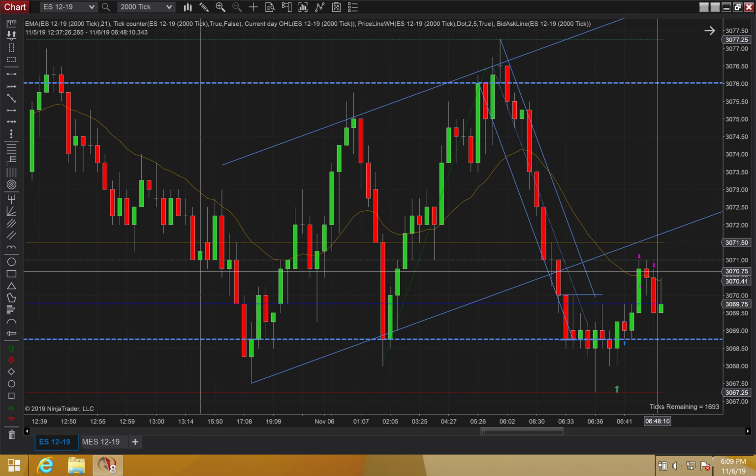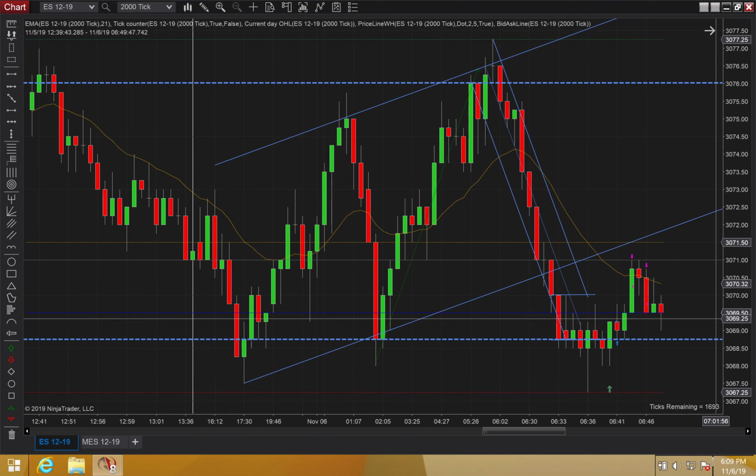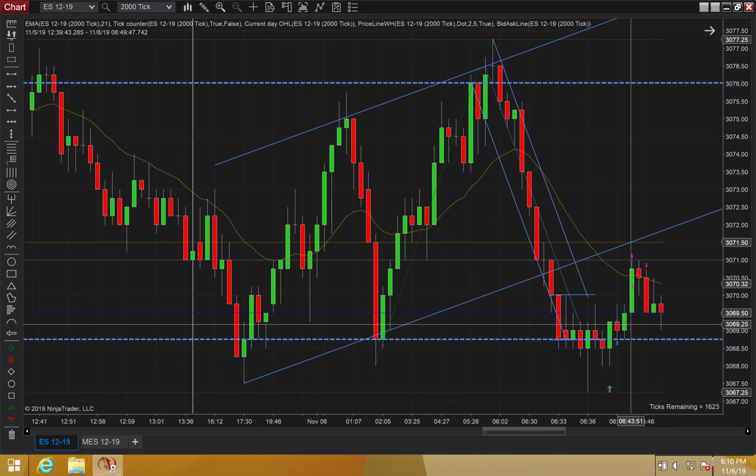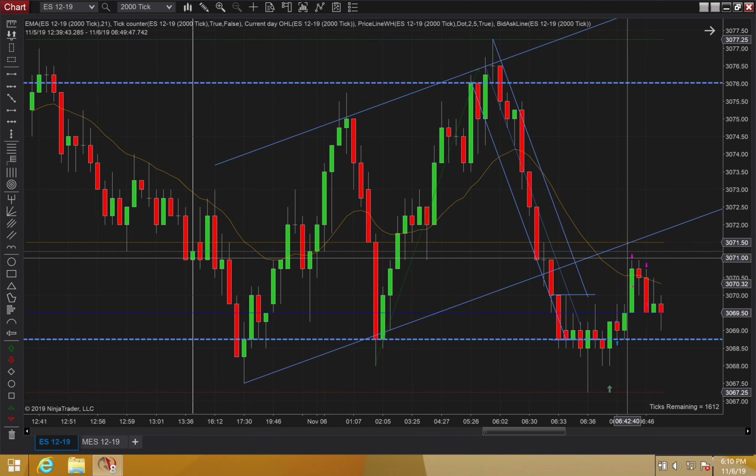The interesting thing about this is that as it pulls back, with my technique with 2 contracts, I should cover at 9 ticks. And this happens so often, it's crazy. When I entered here from 3069.25 to 3071.00, that's 8 ticks.